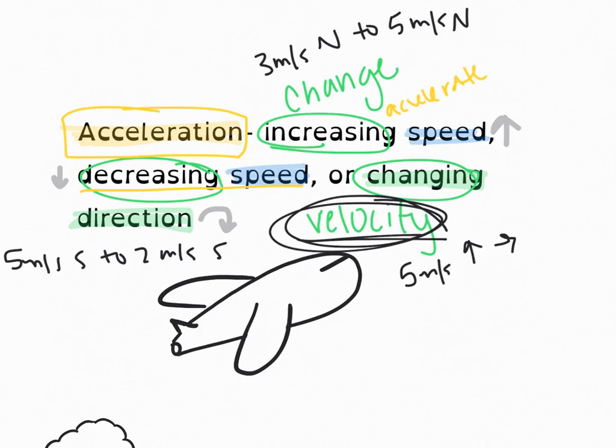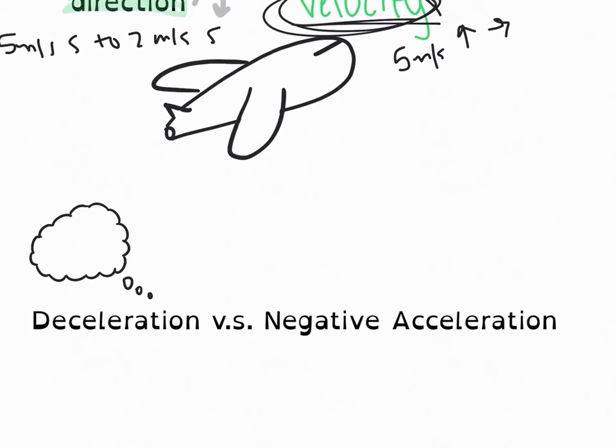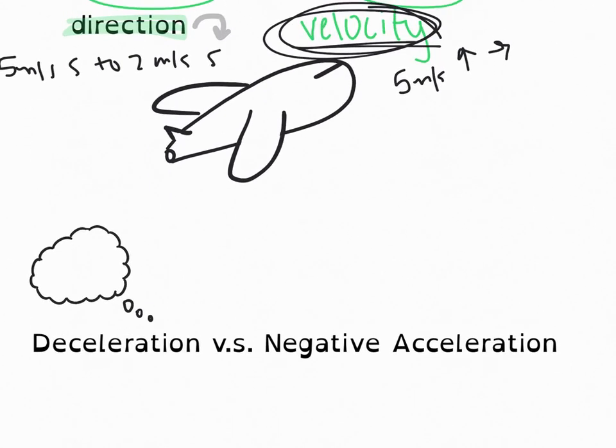Now, I'm going to encourage us to not use that word and instead use this wonderful thought bubble down here. When we talk about acceleration in science, we don't want to use the word deceleration, and we would prefer to use the word negative acceleration.